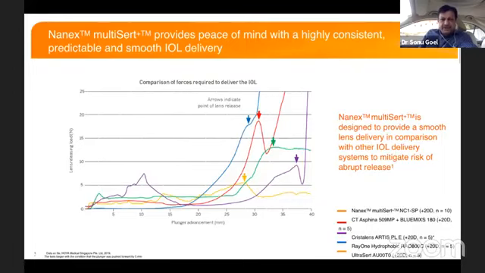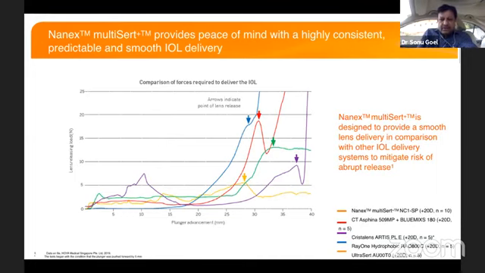The Nanex Multisert, if you see the orange bar on the right in the center, is designed to provide smooth lens delivery. When compared on the forces required to deliver the IOL, the thrust was minimum with the Nanex as compared to the lenses on the Zeiss, Rayner and Alcon platforms.